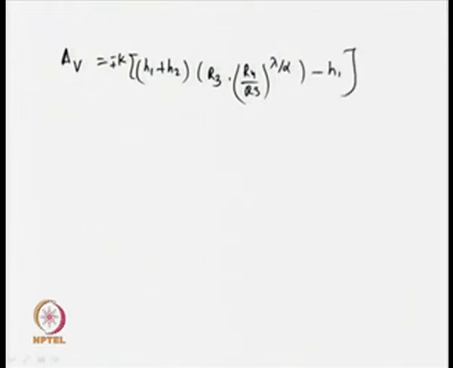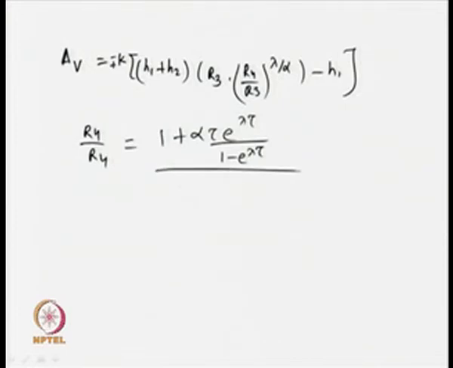So, this is what we have got, an expression for AV, but we have got R4 by R3, which is equal to 1 plus alpha tau e to the power lambda tau upon 1 minus e to the power lambda tau, by 1 plus alpha tau p e to the power lambda tau p upon 1 minus e to the power lambda tau p.